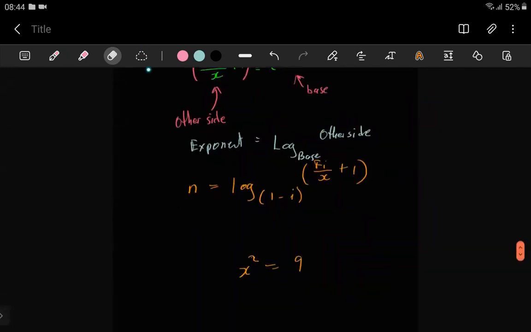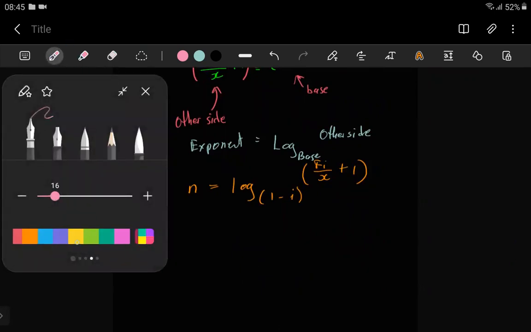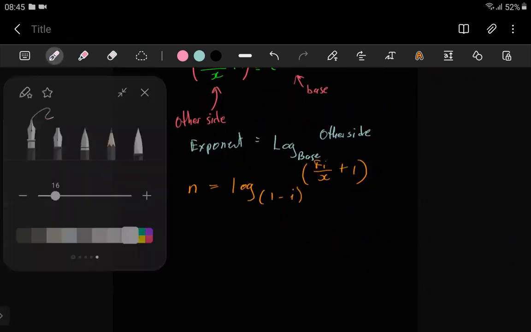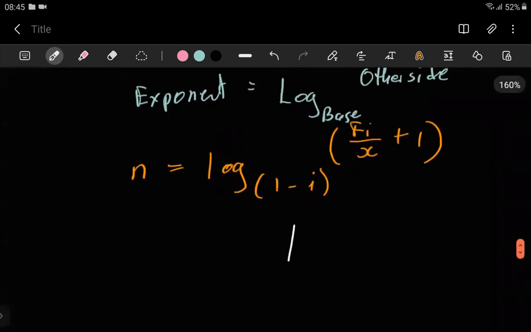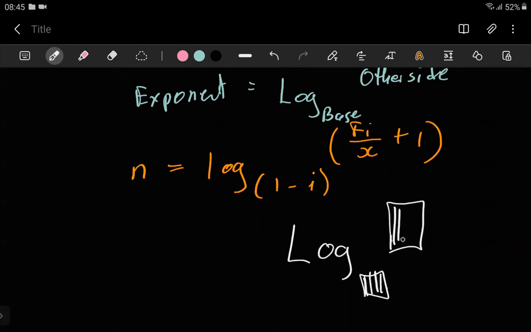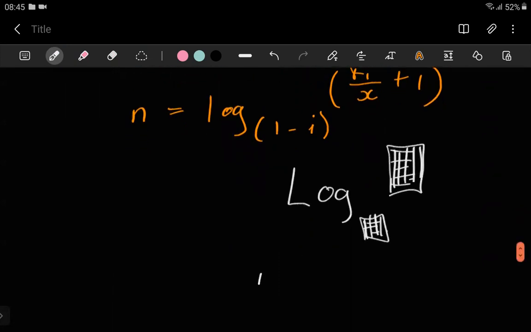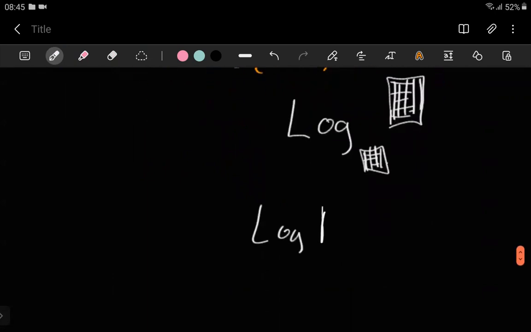Because in your calculator, remember, if you look on your calculator now, if you're using the Casio calculator, under the on button, you have a button that says log. There's something here, and then there's something here. There are 2 log buttons. This is the one we use, because the other one only just has log, and then just this thing here.